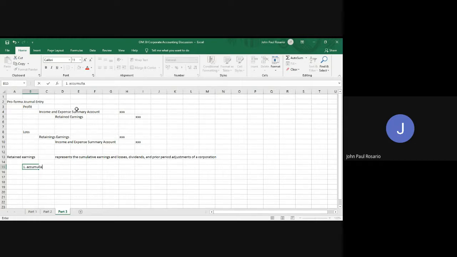Number 1, accumulated profits and losses over the past years. Okay, number 2 is dividend distribution.